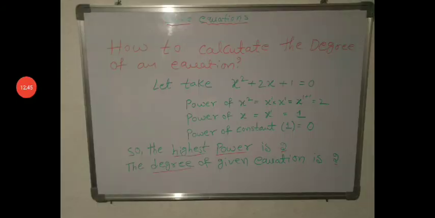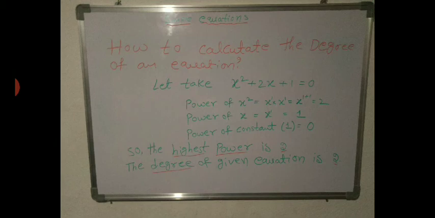Let's understand in a better way how to calculate the degree of an equation, taking x square plus 2x plus 1 equal to 0. The power of x square: x is x into x, so x to the power of 1 into x to the power of 1.